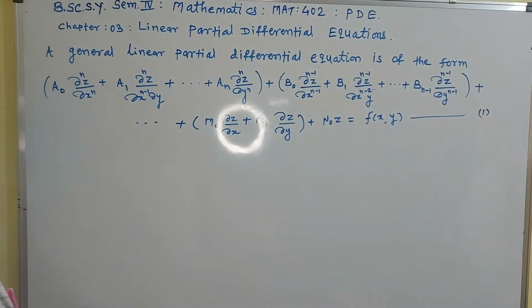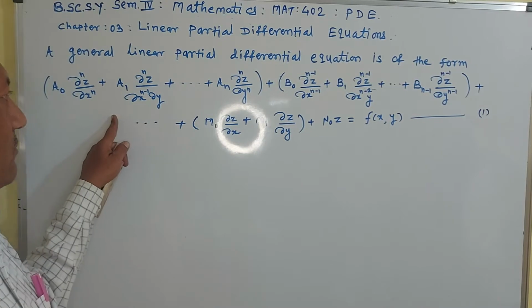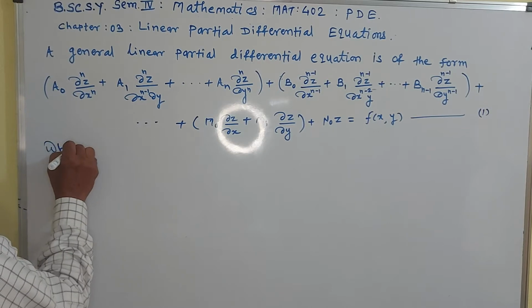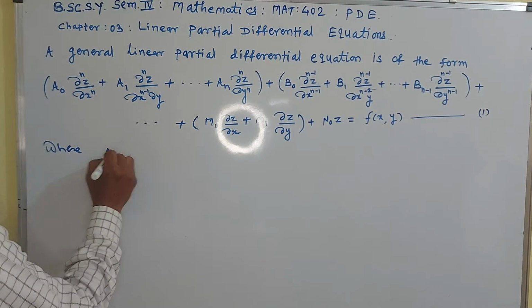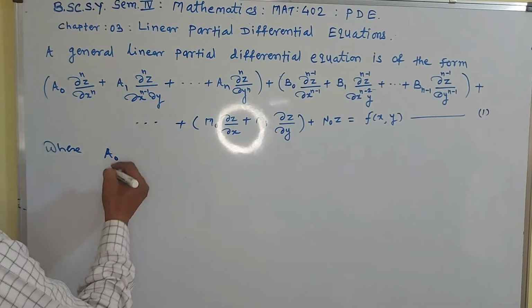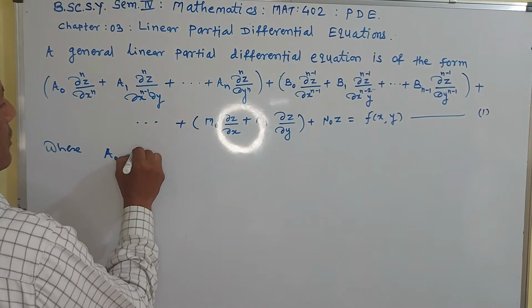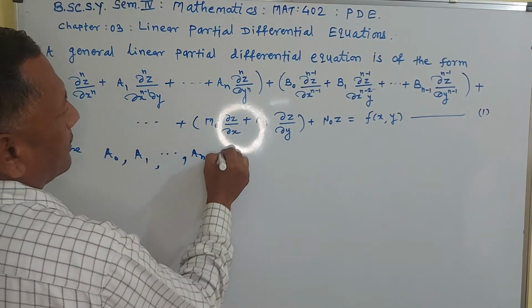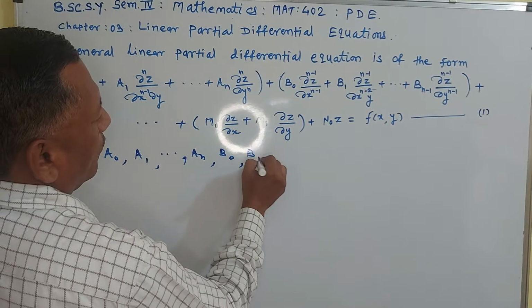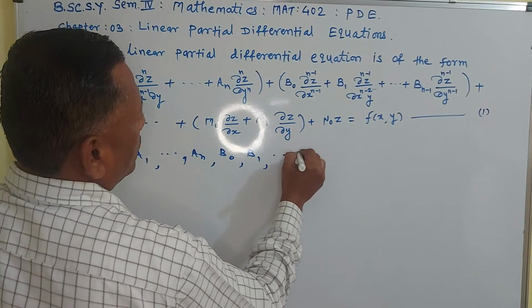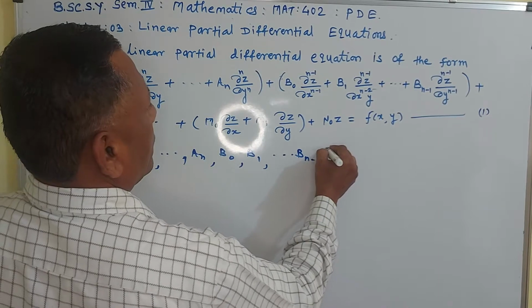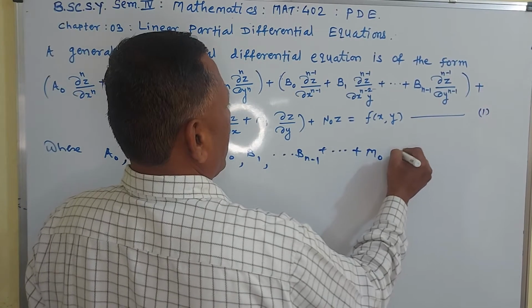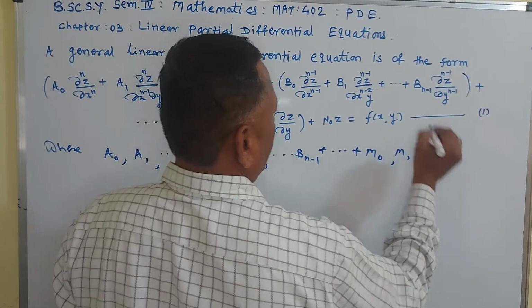So this is the general linear partial differential equation in this form, where instead of capital A0 you can take small a0 also, a0, a1, a2 up to an, b0, b1, b2 up to bn-1, and so on up to m0, m1, n0.